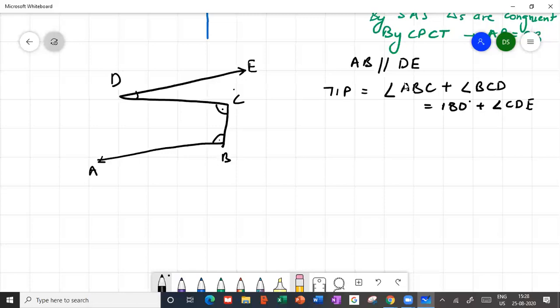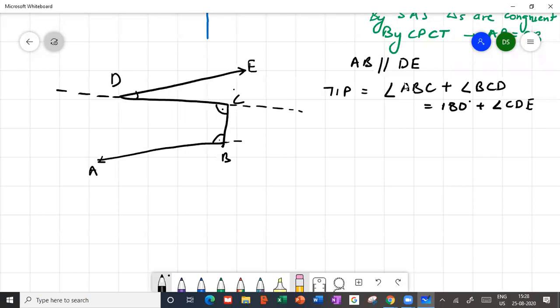So Puneet, what were you saying? What line did you draw parallel? I drew a line parallel to DE, passing through the point C. So basically you extended this? It was slanting, so it won't be parallel to DE.